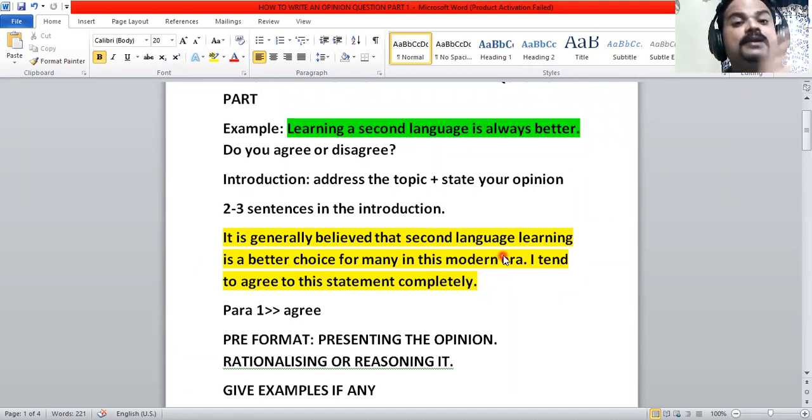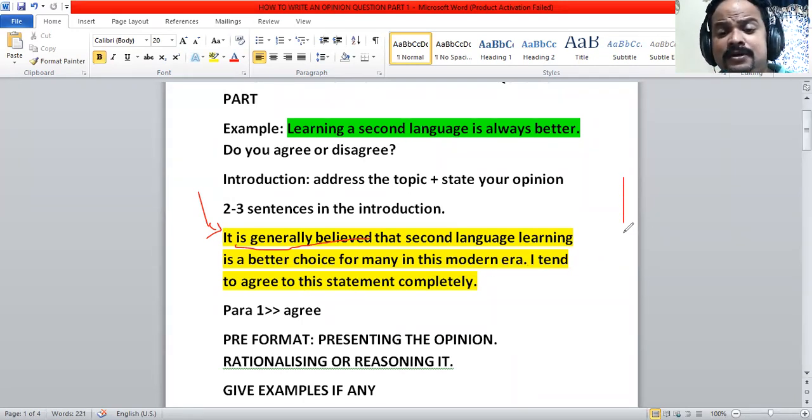Just for sample, it is not an upgraded sample. It is just to make you understand. So this is a general statement. It is generally believed, yes, it's common.